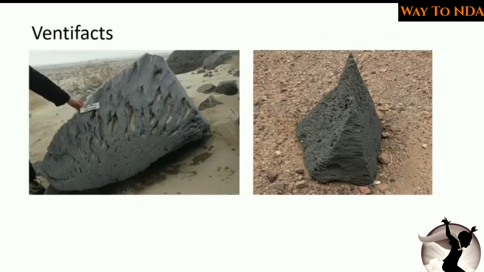And now the next are Ventifacts. Ventifacts are rocks which had fractures or small holes, and the winds blowing along with sand particles made holes in them. Here you can see the holes made by the winds along with the sand. The sand accumulates, and when the winds blow, they bring sand with them, and the sand erodes the rock, resulting in sharp edges.